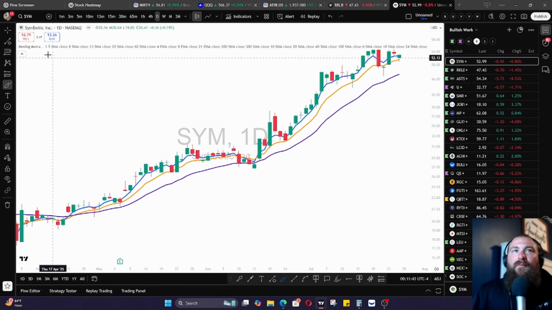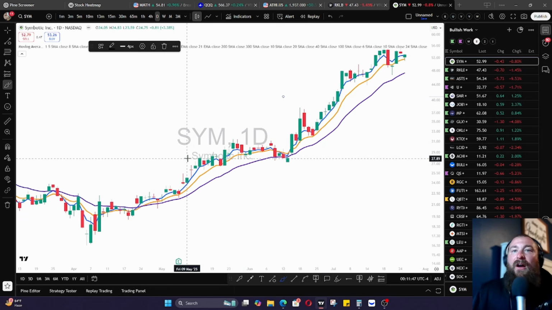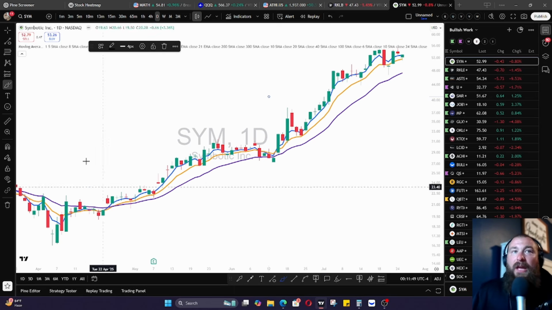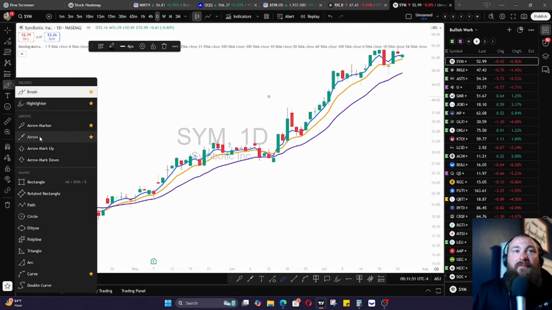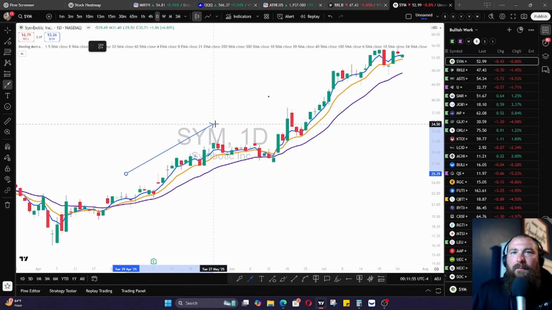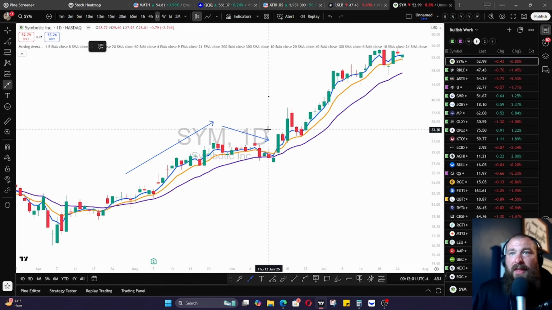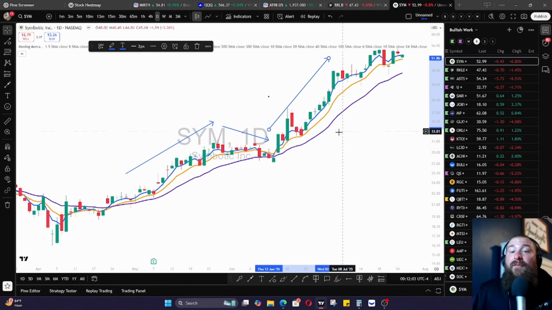So obviously, we have a stock here that fits that bill. It very, very simply has momentum. It consolidates, pulls back, and then it kicks off a continuation of that momentum.